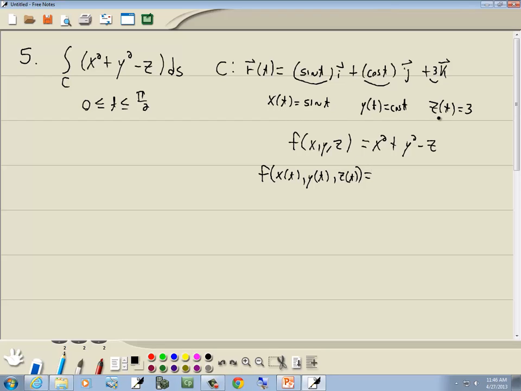So we're going to plug in what we got here. x we said was sine t, so we're going to have sine t squared plus y, which is cosine t squared, plus minus z, which is 3. Now remember, sine squared plus cosine squared is 1. So this is 1 minus 3 or negative 2.